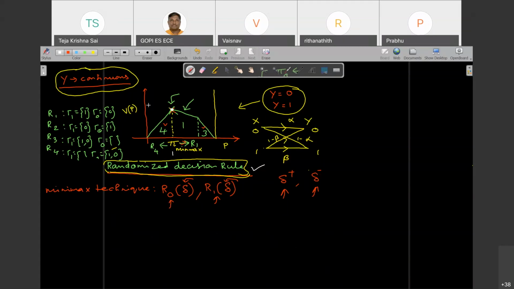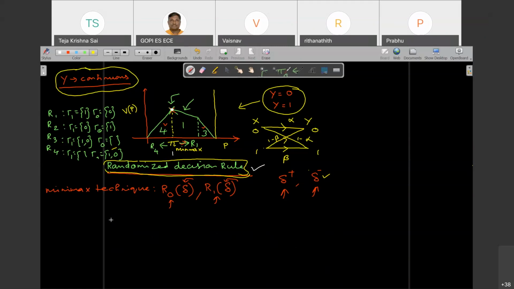Delta minus means the rule just before this point, which in this case is rule 4. Delta plus is the rule after this point, which in this case is rule 1. Delta minus is rule 4, right?